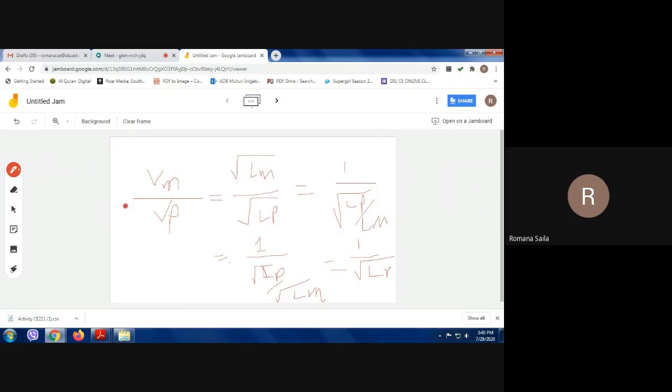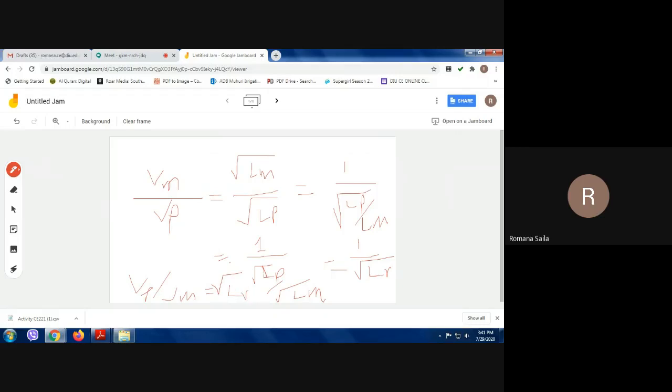Now if you want the ratio of velocity scale, then we have to reverse this. That means Vp by Vm, as the prototype parameter should be on top, but here the prototype parameter is in the bottom. So we can just reverse these things. If you reverse, then Vp by Vm is equal to, reversing 1 by root over LR, root over LR.